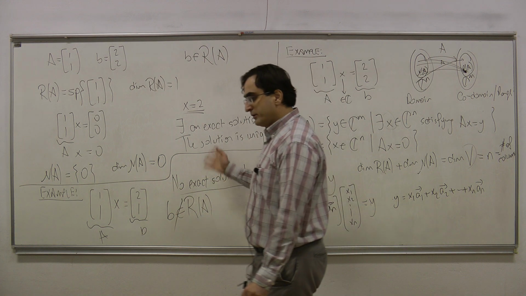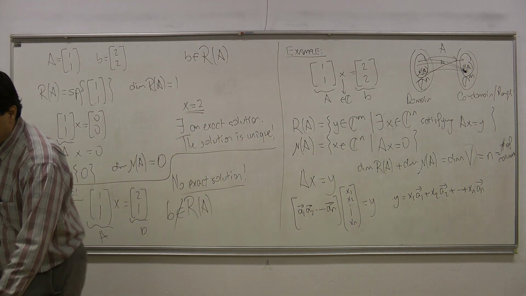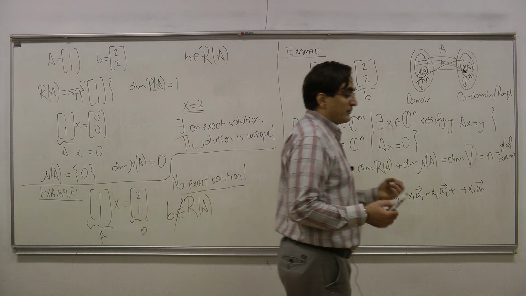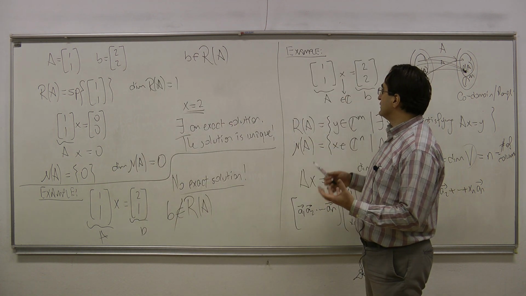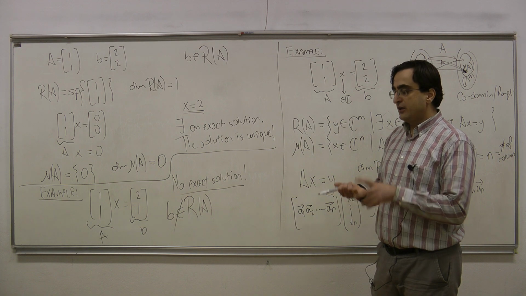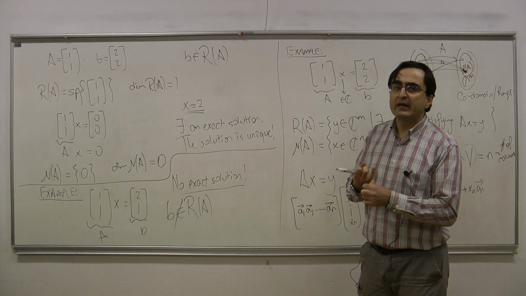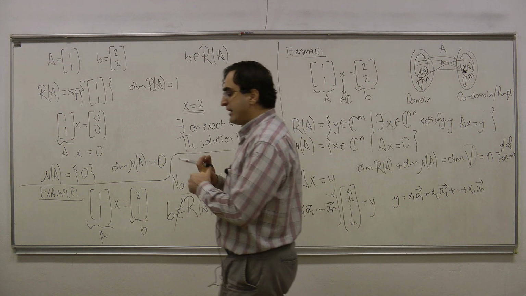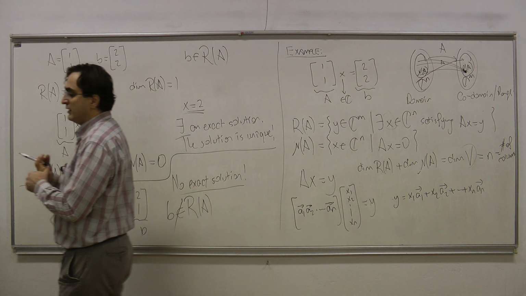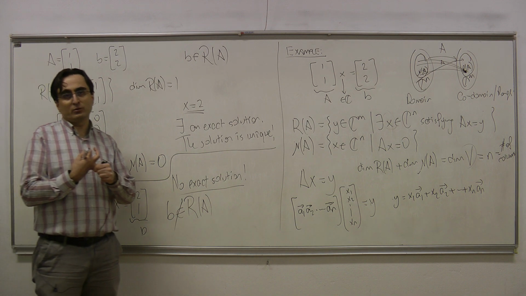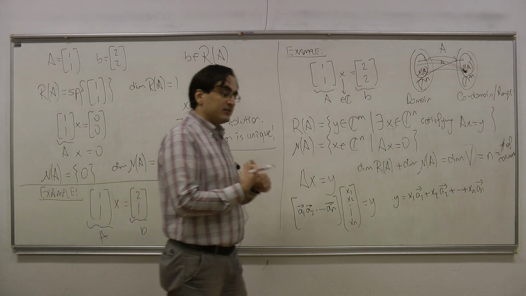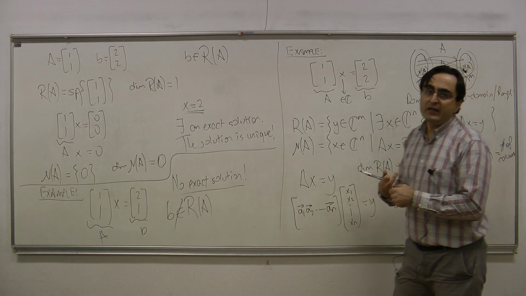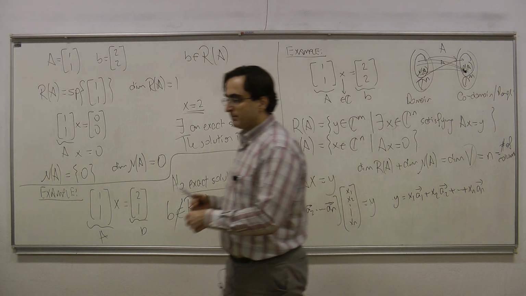So we have this interesting fact. In mathematical terms, the existence of a solution to a linear equation in the form Ax equals b is related to the range space of A and the vector b. If b is inside the range space of A, then there exists at least one exact solution, and if b is not in the range space of A, then there doesn't exist any exact solution.